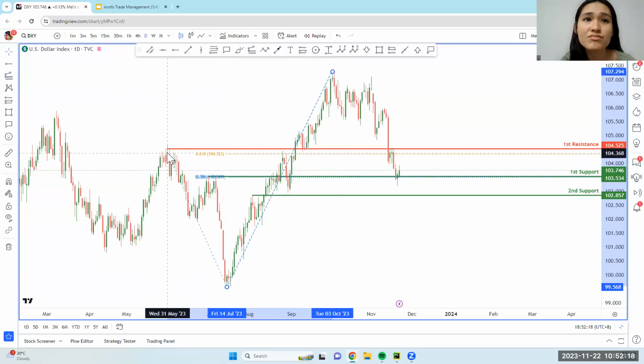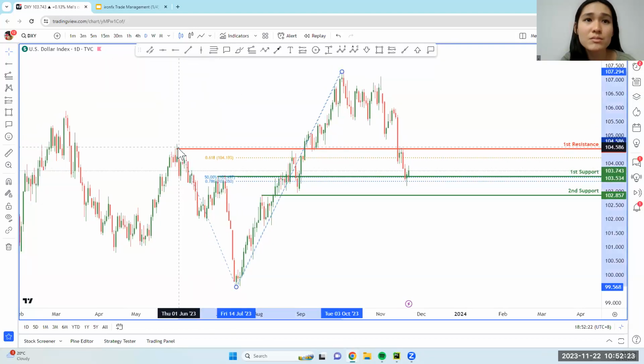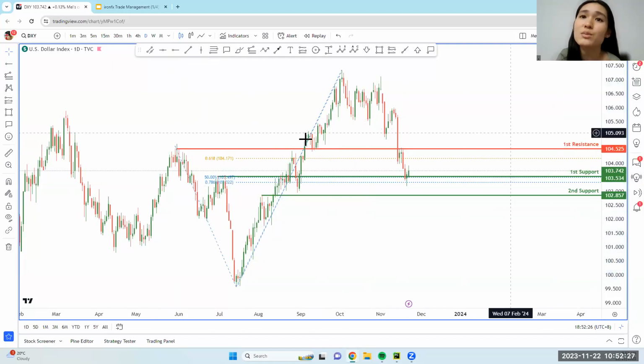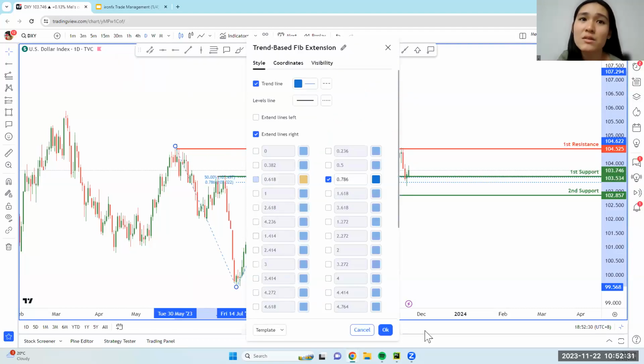Here we kind of see this 78.6 lining up nicely with our first support. I think this 61.8 is a bit too far.